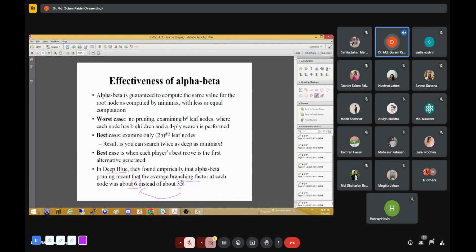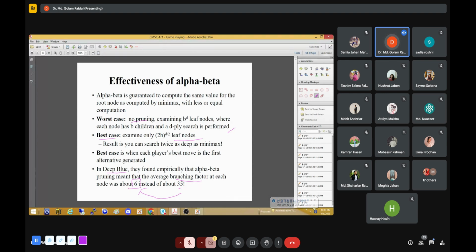In the worst case, that is the no pruning case, alpha beta pruning and minimax will return the same. But for the best case, it will be 2b^(d/2) leaf nodes.